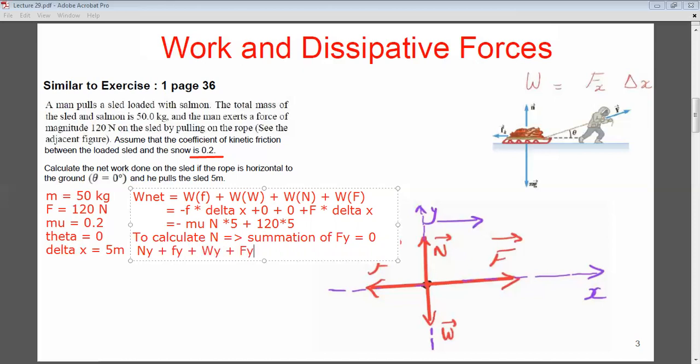The other components disappear because they are all on the x-axis. So I'm left with N minus W equal to 0, which means N is equal to W, which is m times g.